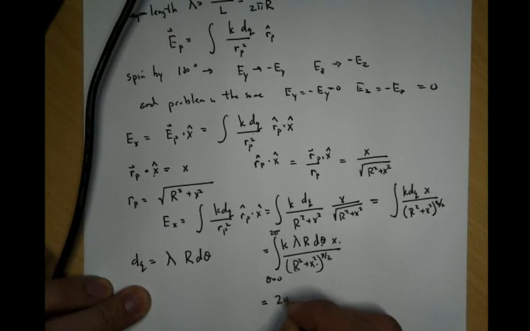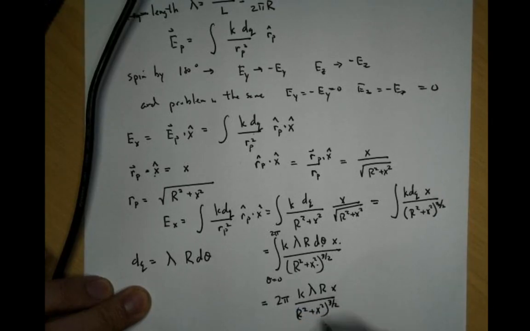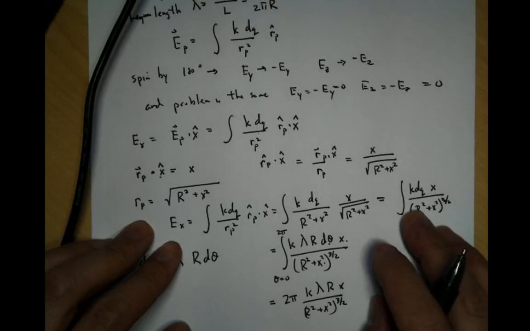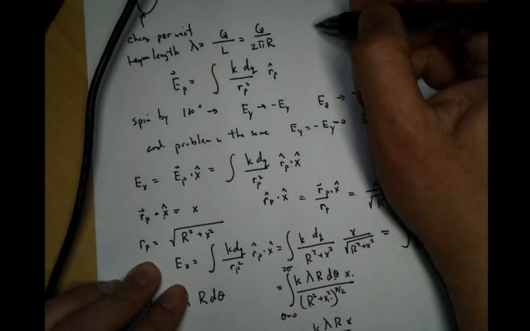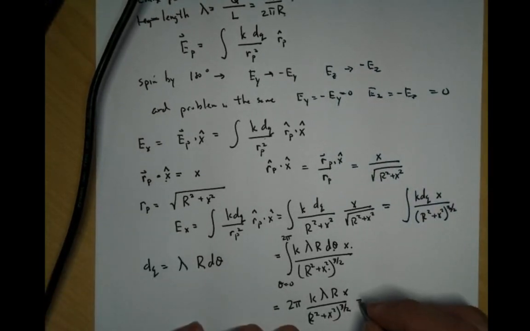So it's just 2 pi times k lambda r x over r squared plus x squared to the 3/2 power. And we can further simplify this if we look up here. Remember what lambda is: q over 2 pi r.